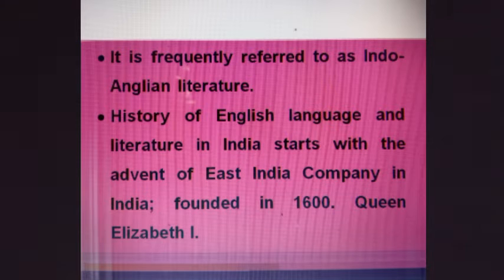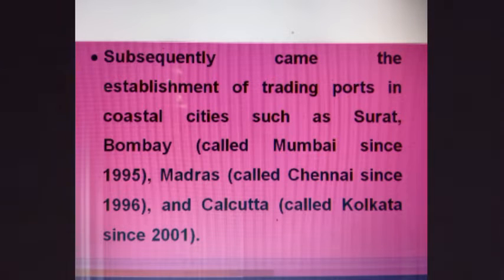The history of English language and literature in India starts with the advent of the East India Company in India. The East India Company was founded in 1600 during the reign of Queen Elizabeth I. Subsequently came the establishment of trading ports in coastal cities such as Surat, Bombay, called Mumbai since 1995, Madras, called Chennai since 1996, and Calcutta, called Kolkata since 2001.